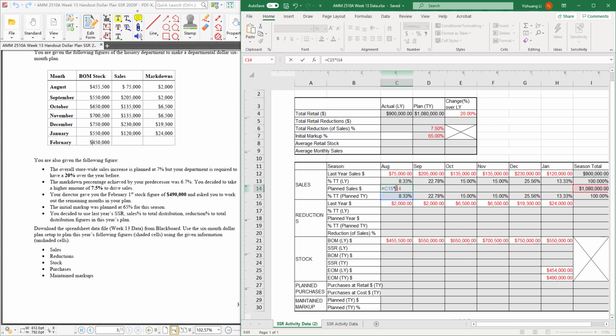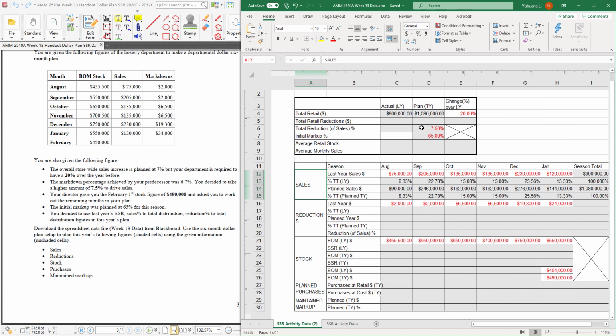Let me use a dollar sign to fix the position of the season total, and then I can apply the formula to the row. Okay, so that's how we complete the sales section.